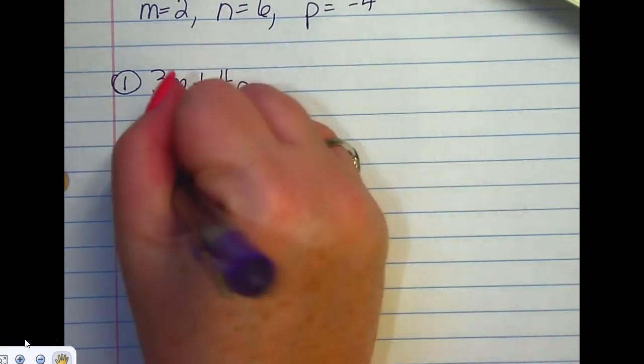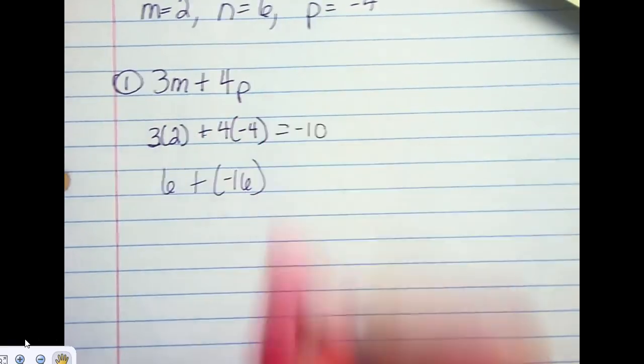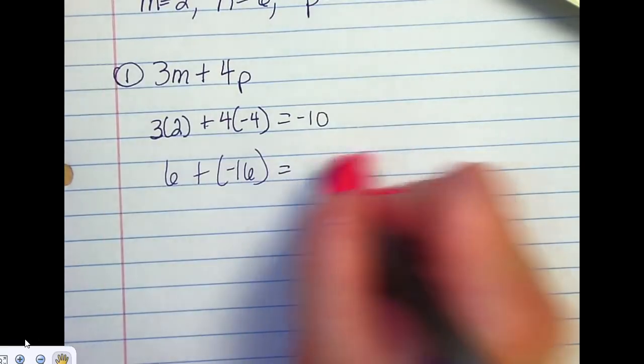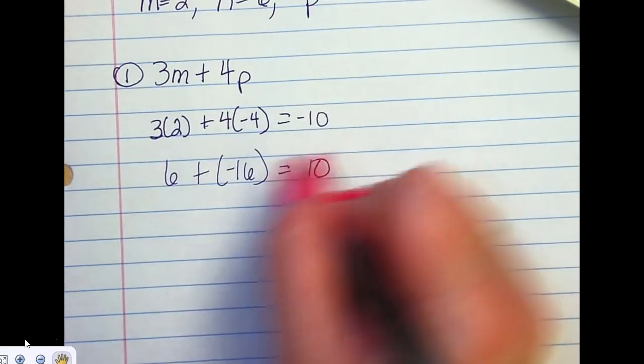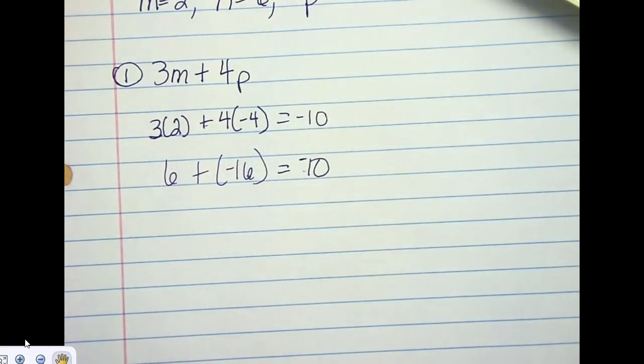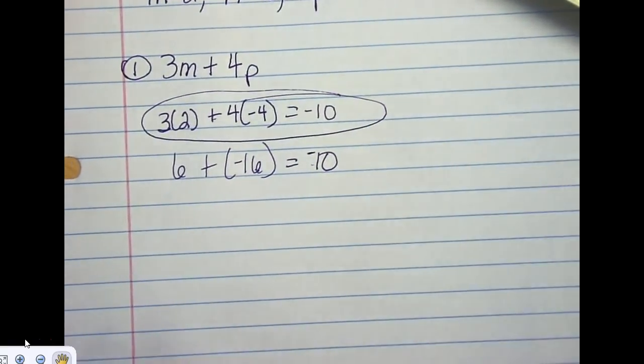If I worked that out, that would say 6 plus -16. Those have different signs, so you subtract. 16 minus 6 is 10. This one is the greatest absolute value, and it's negative, so that's a negative. But this section, you could use a calculator, so you could have put it in just like that.